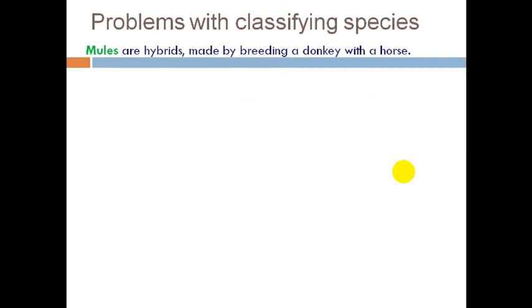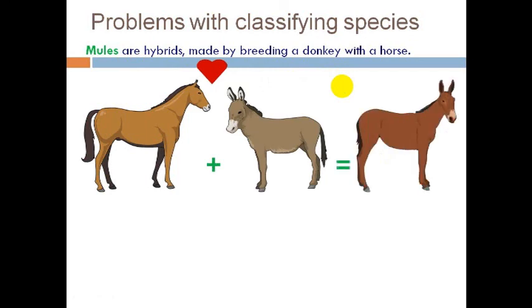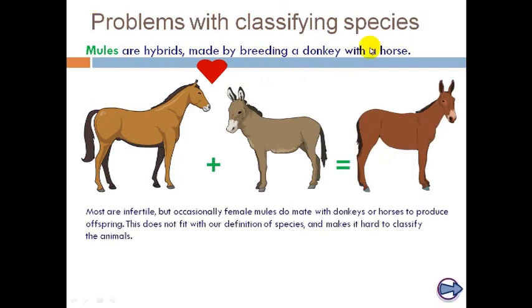Okay, another example for problems with classifying species. Mules are the hybrid made by breeding a donkey with a horse. So this is a horse bred with a donkey producing a mule. But mules are infertile. But occasionally female mules do mate with donkeys or horses to produce offspring.